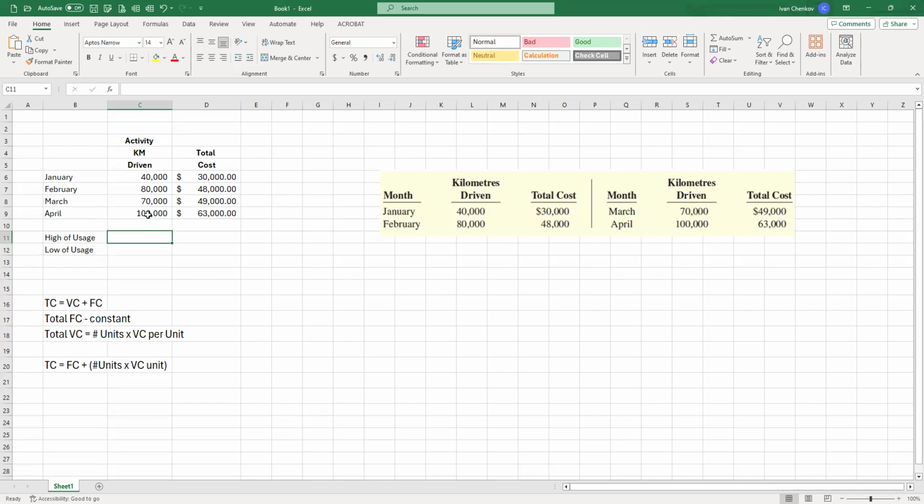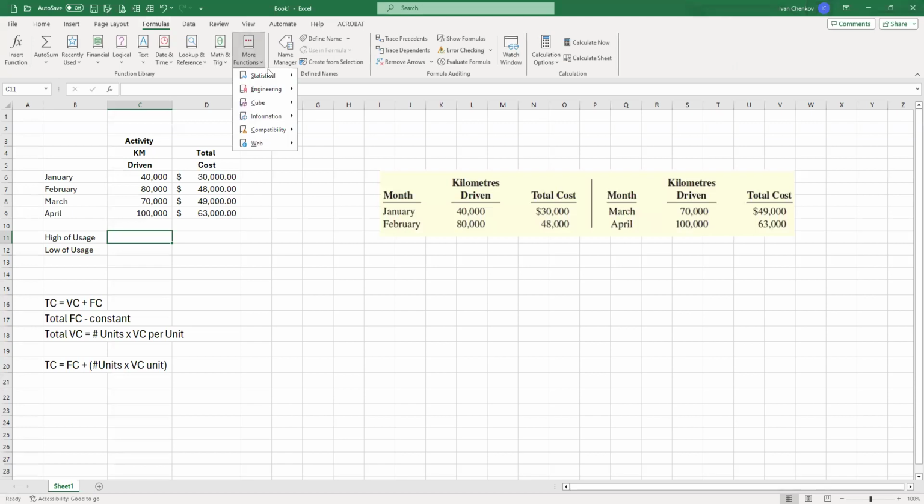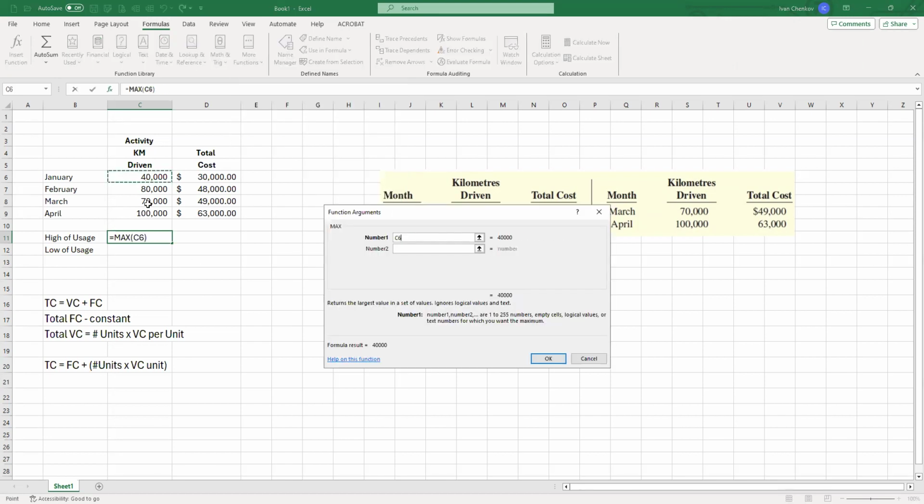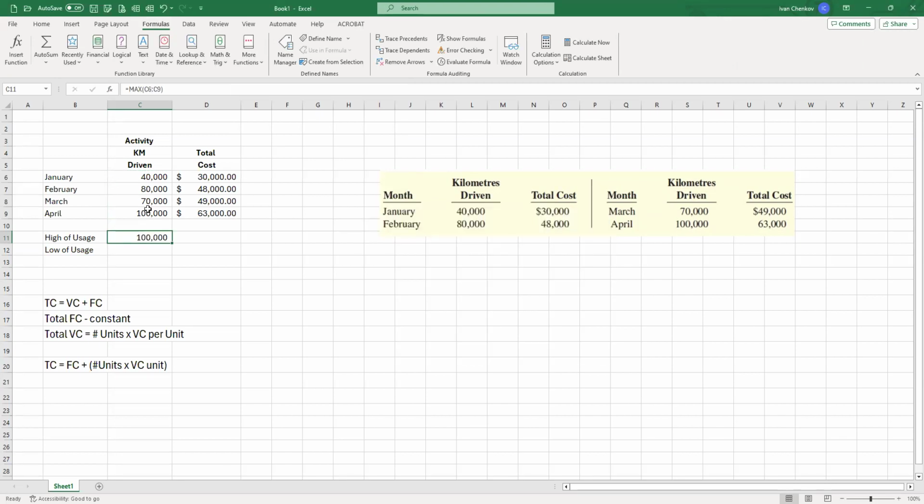Either you can observe it by seeing the numbers, or you can plug in the formula. Either way works. If you want to plug in the formula, go to more functions, statistical, choose the maximum, which will be the highest point, select all those cells, and the maximum usage is 100,000 kilometers.